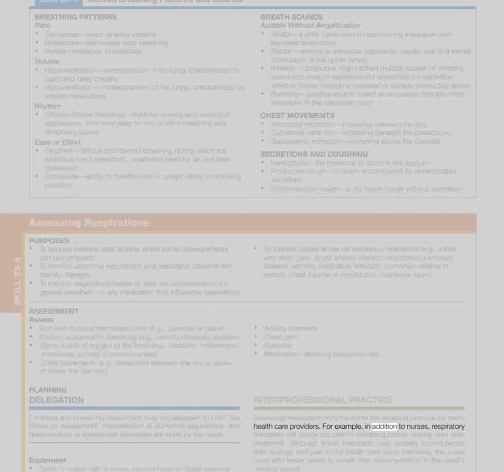For example, in addition to nurses, respiratory therapists will check the client's breathing before, during, and after treatment. Although these therapists may verbally communicate their findings and plan to the healthcare team members, the nurse must also know where to locate their documentation in the client's medical record. Equipment: clock or watch with a sweep second hand or digital seconds indicator.